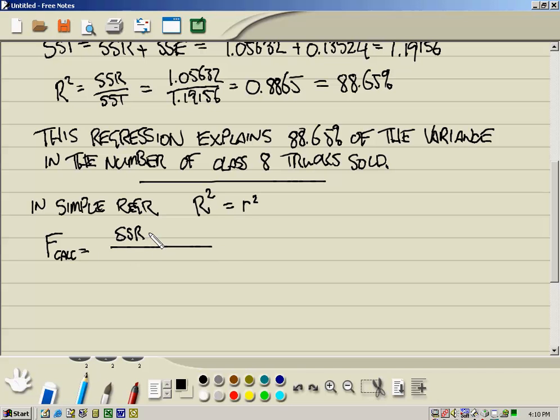So the way I'd written it down before is the regression sum of squares divided by k, divided by the error sum of squares divided by n minus k minus 1. Alright, and that also can be done as r squared divided by k, all that divided by 1 minus r squared divided by n minus k minus 1.